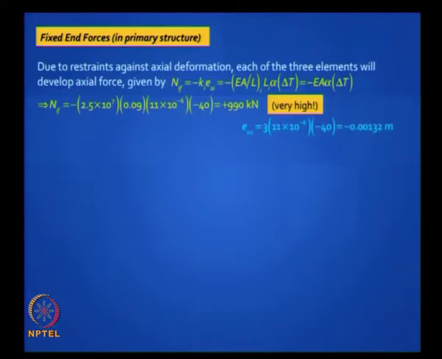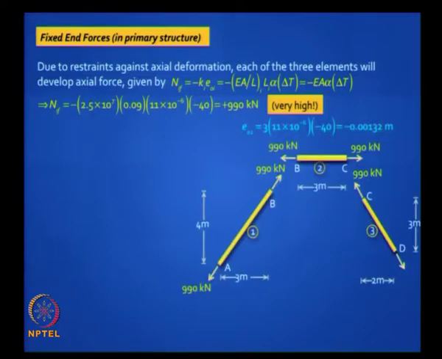Maybe it will be allowed to do so. So let's see. You must get a physical understanding to really understand this problem in its entirety. So these are the forces that you will get in those 3 elements if you were to arrest the degrees of freedom, right? All 3 elements will have a force of 990. How do you convert this to loads on the structure?